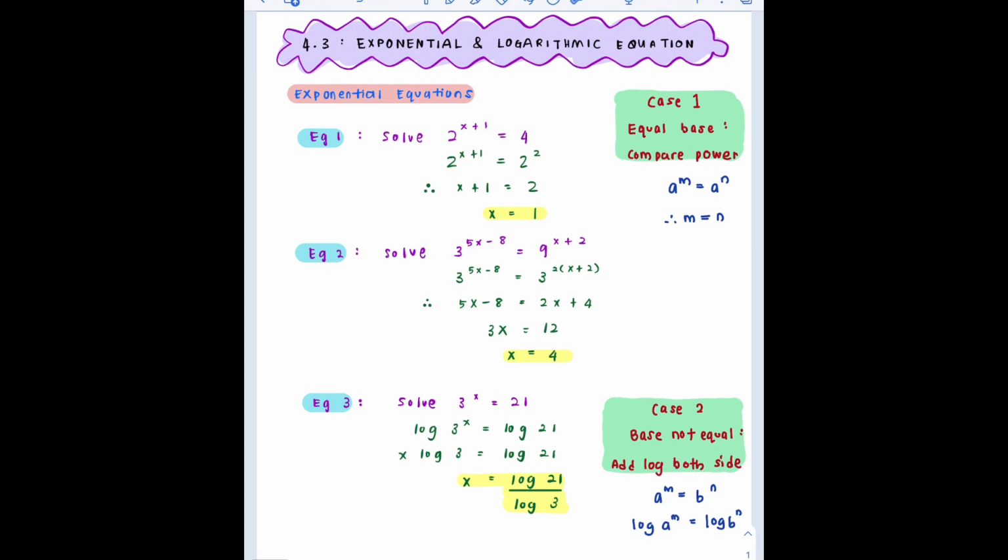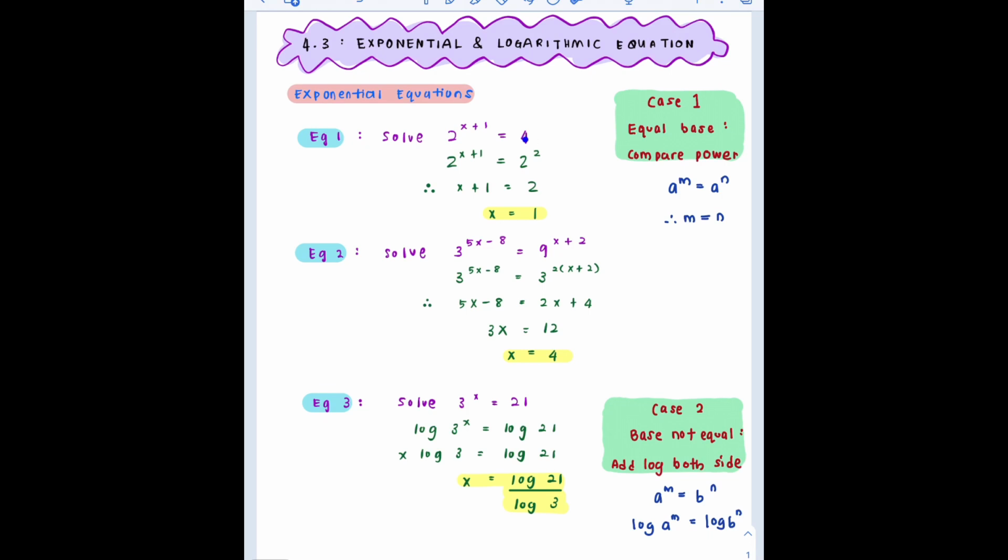For the first case, when you have equal bases, for example, a to the power of m equal to a to the power of n, you can just compare the powers, so m is equal to n. For example, solve 2 to the power of x plus 1 equal to 4.